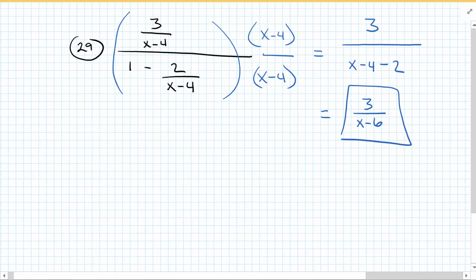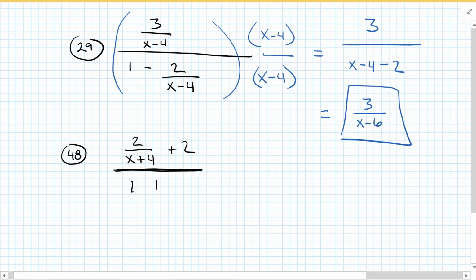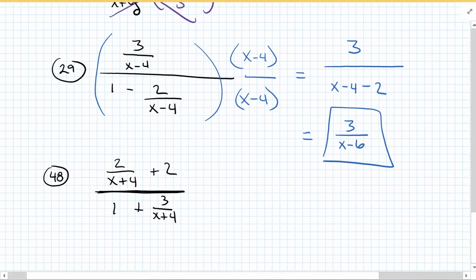All right, going to 48 now. I got 2 over (x plus 4) plus 2, all over, and again I like to make that a little bit darker, 1 plus 3 over (x plus 4). It's real similar to the one we just did. What can we multiply everything by, top and bottom, to get rid of the denominators?